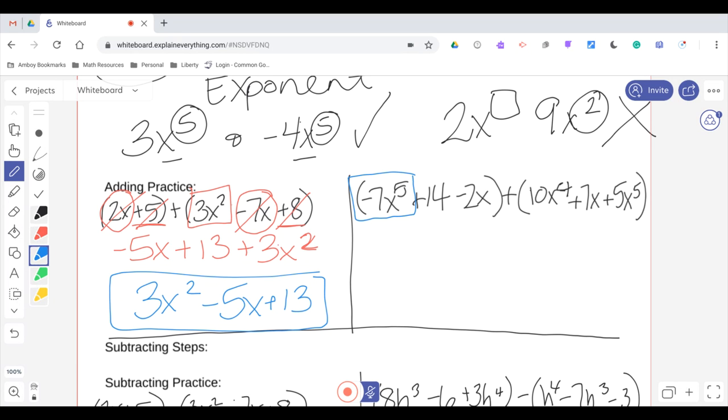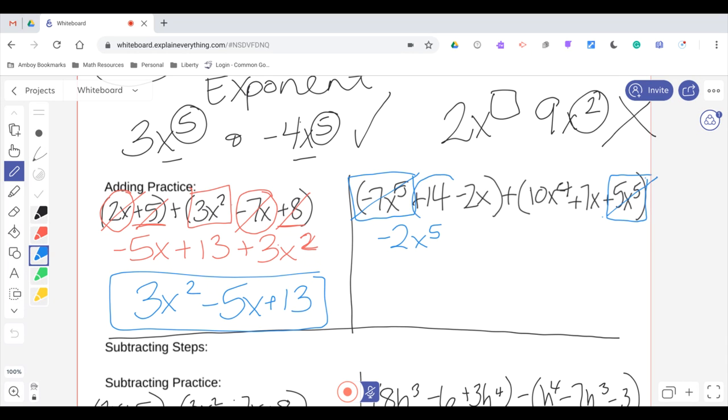I have a negative 7x to the fifth, so I need something else with an x to the fifth, which would be this 5x to the fifth over here. Negative 7 plus 5 makes negative 2x to the fifth. So I'm done with those. If you want to cross them out after you're done with them, that's not a bad idea.